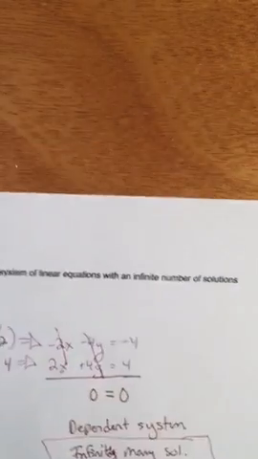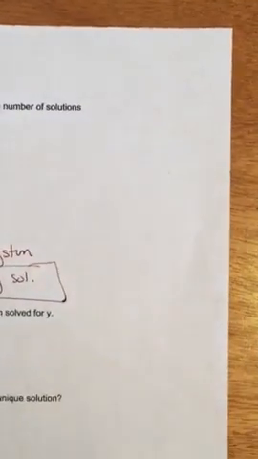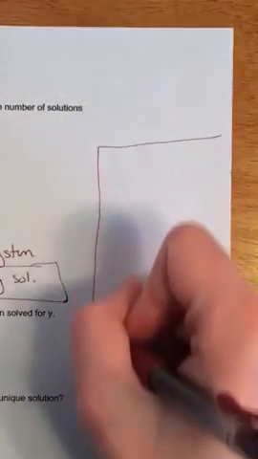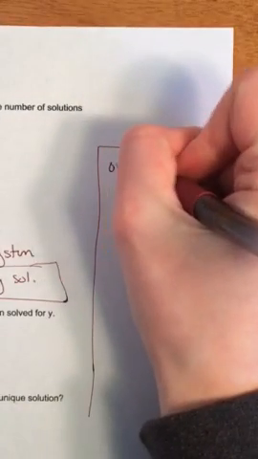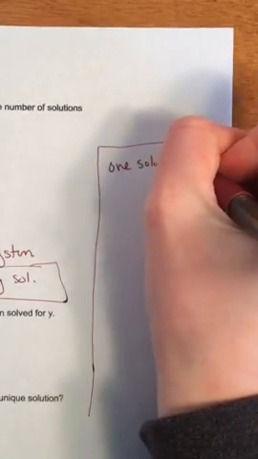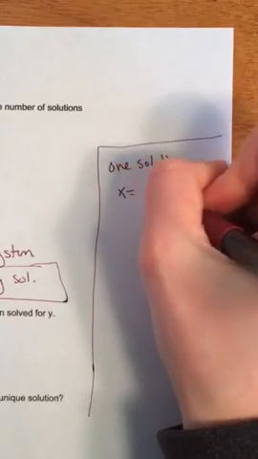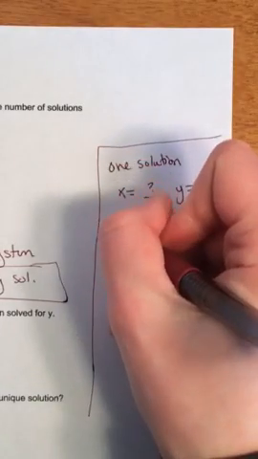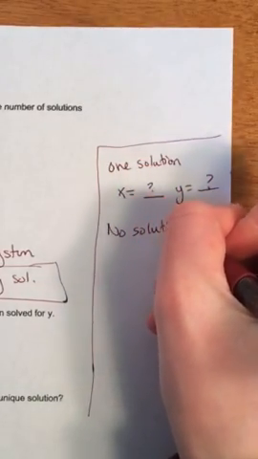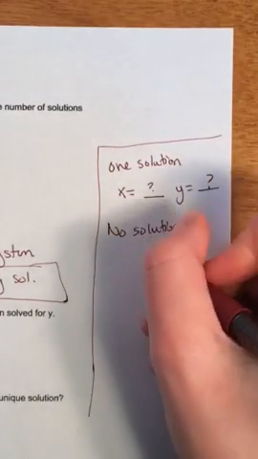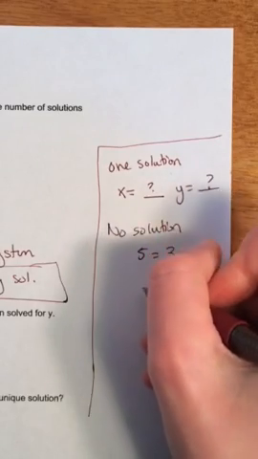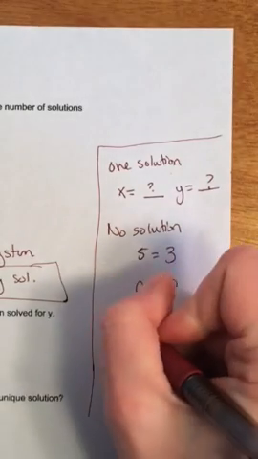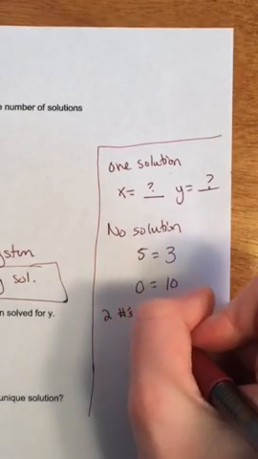Okay? So here's your little cheat sheet. So this might be something good to write on a note card because final exams are coming up. Okay? So one solution means you get x equals something and y equals something. Okay? No solution means you get like 5 equals 3 or 0 equals 10 or two numbers that don't equal each other.